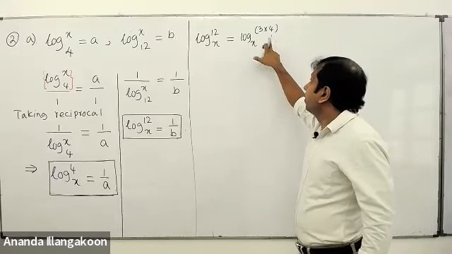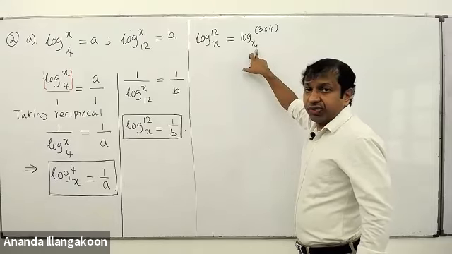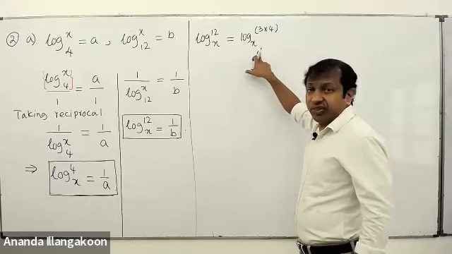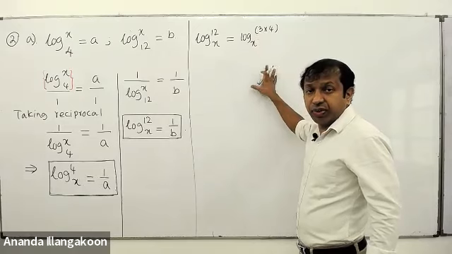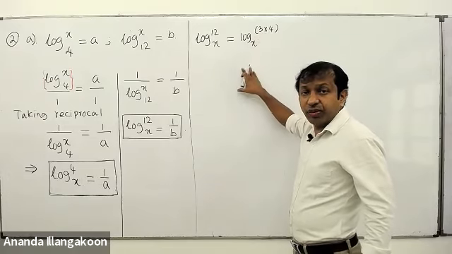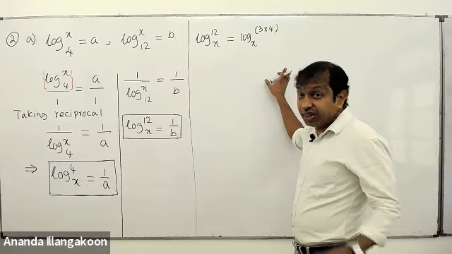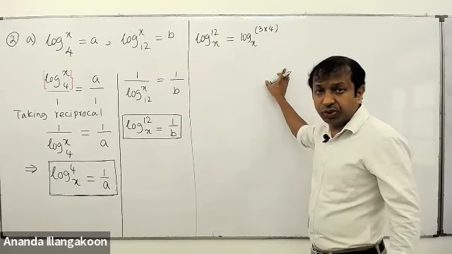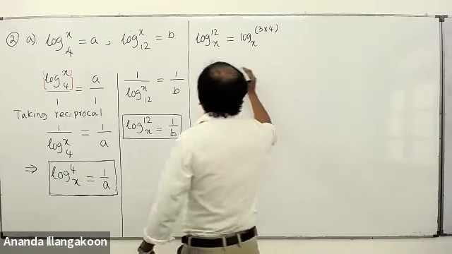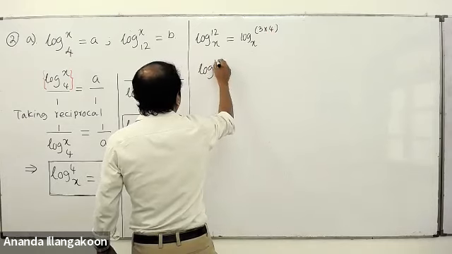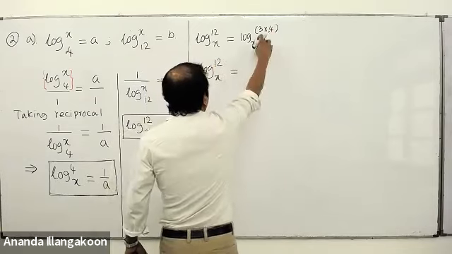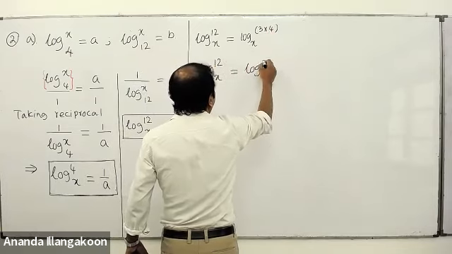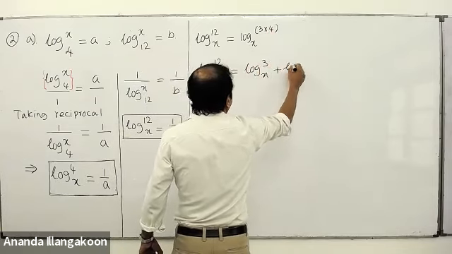How? Log 3 to the base 6 plus log 4 to the base 6. When you have a product like this, that product we can write as a sum. When you have a division, we know that we can write as a difference. We did that theory. Laws we proved too. So log 12 to the base 6 you can write this way as a sum.